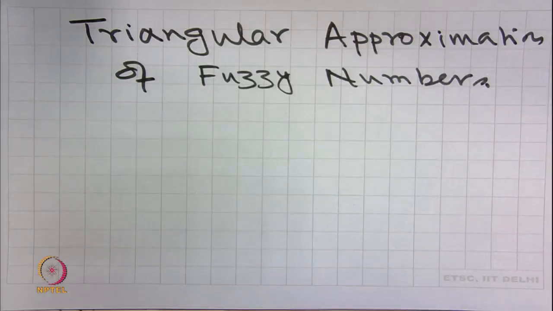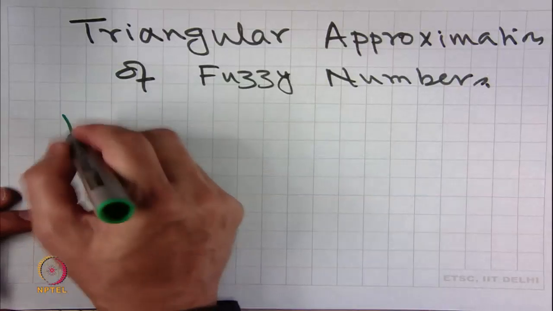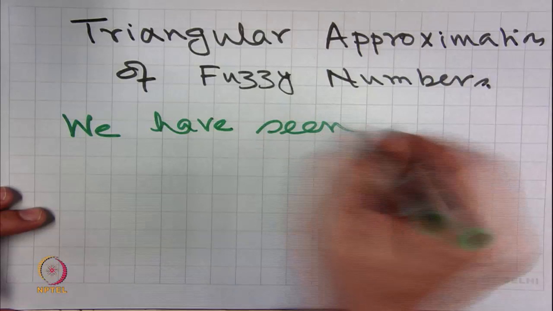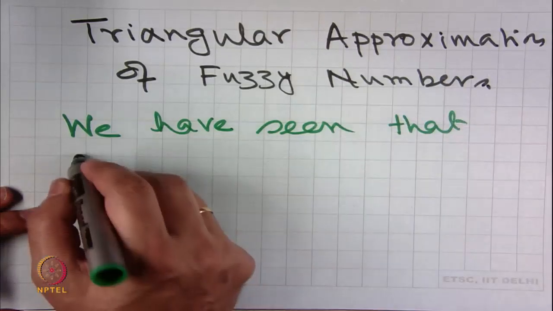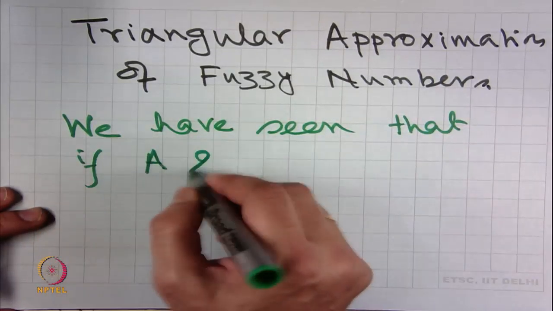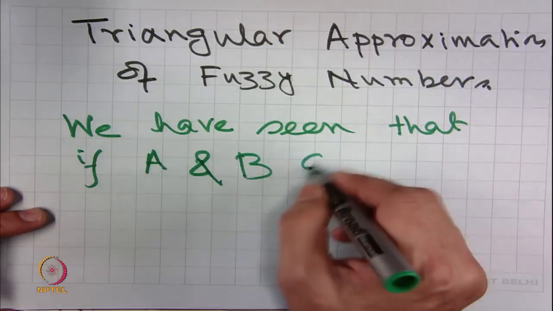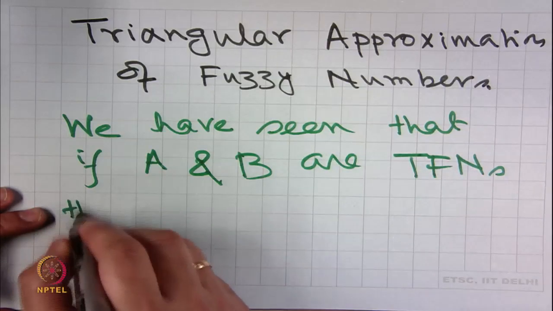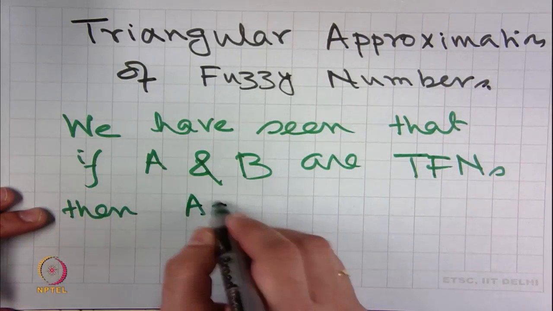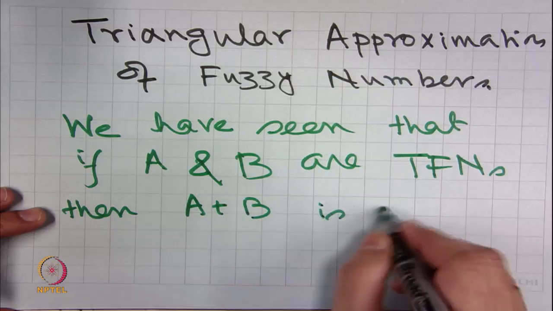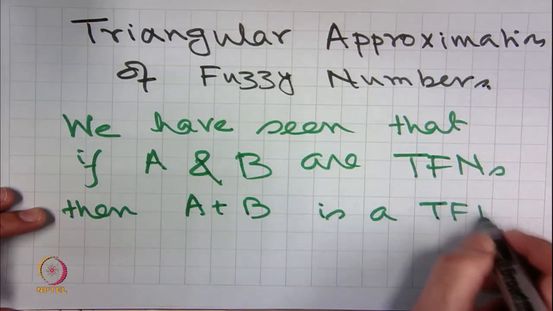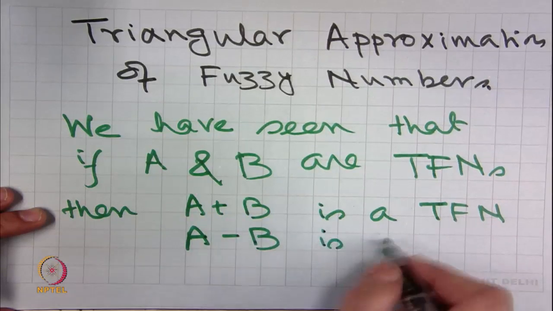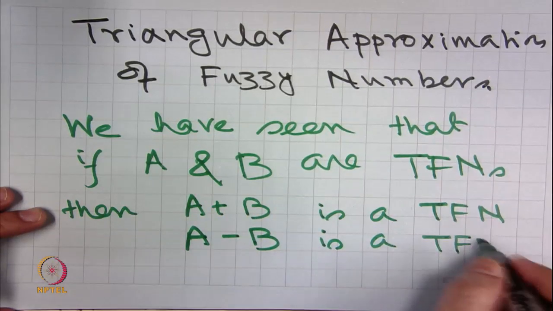We have seen that if A and B are triangular fuzzy numbers, then A plus B is a triangular fuzzy number, and similarly A minus B is a triangular fuzzy number.